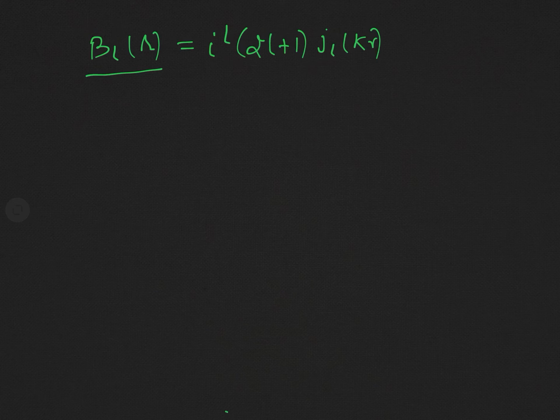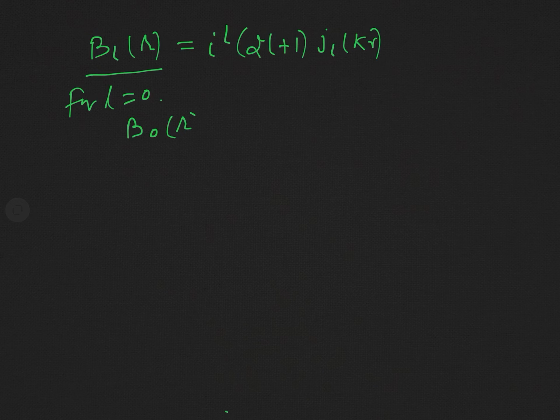So if we want to find the first two values of this radial wave function, that is, for the first two values of L, then for L equal to 0 we will find this BL.